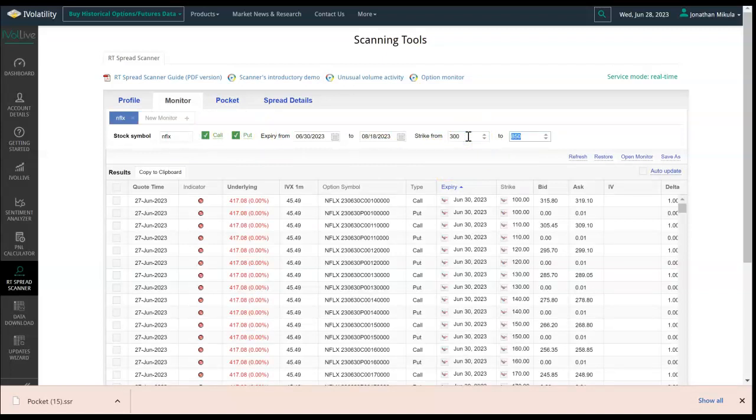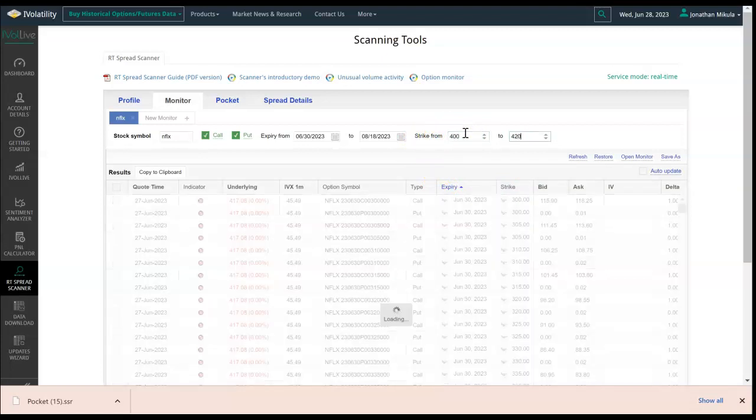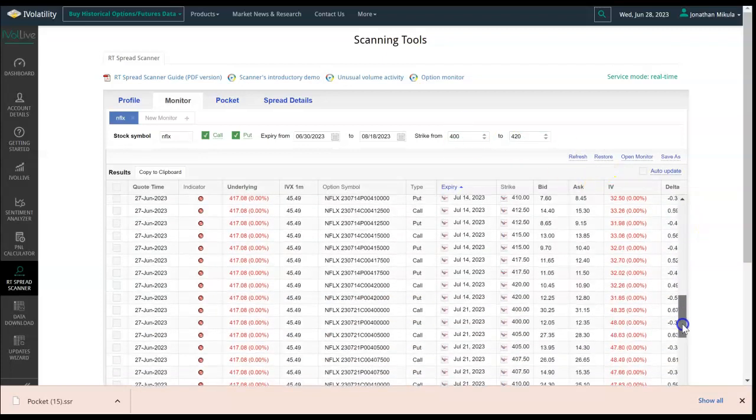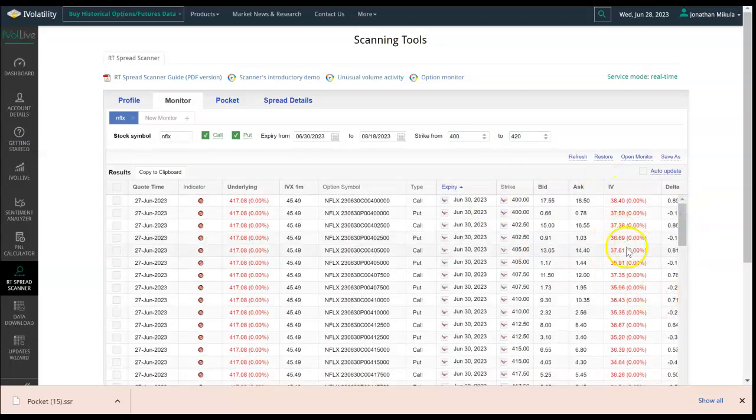Adjust this, and then you can see there's tons of options, but what you get here is the quote time, the underlying price, which is $417 a share, the IVX for Netflix, $45.49, the symbol, whether it's a call or a put, expiration, strike, delta. And if we wanted to tighten this up even further, we could say, just show us 400 to 420, and look how much tighter that scroll bar gets, because we're looking at a much closer strike price range.